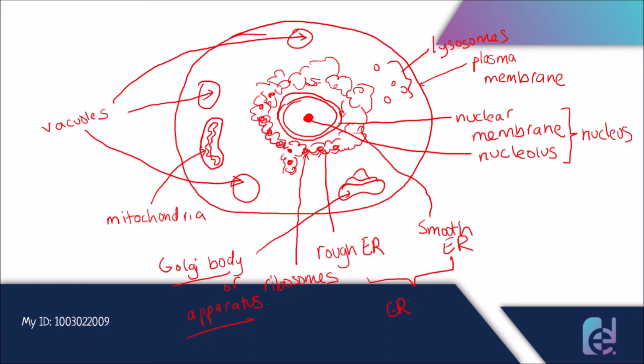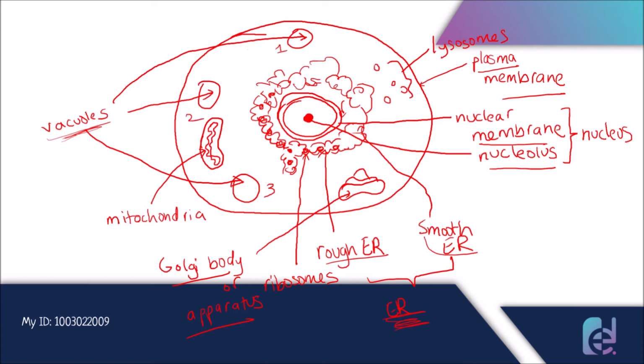There are also some other minute cell organelles, but these are the main cell organelles which any cell has. We have the nucleus consisting of nuclear membrane and nucleolus. We have the plasma membrane covering the cell. We have the rough ER and smooth ER making the endoplasmic reticulum. We have multiple vacuoles, like 1, 2, 3.